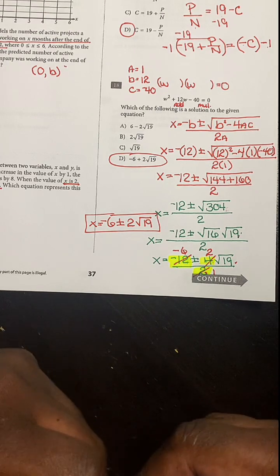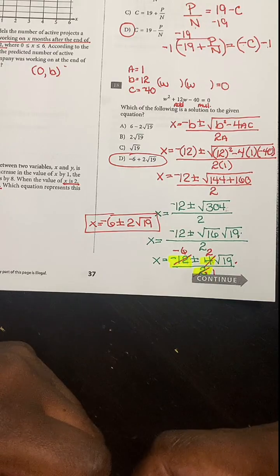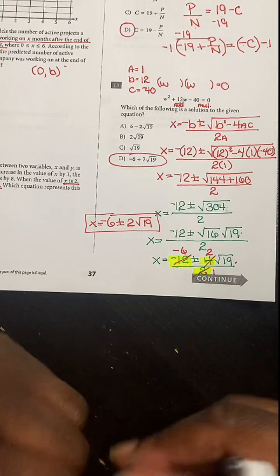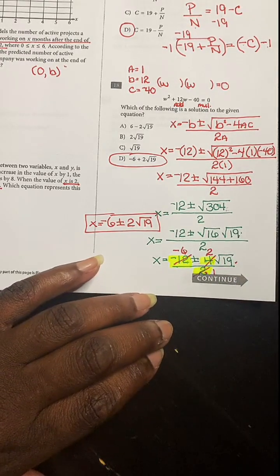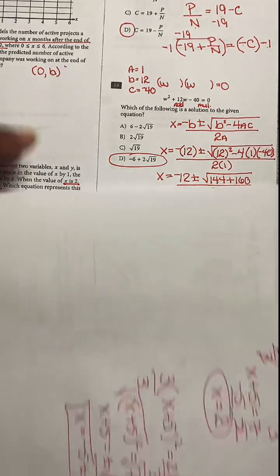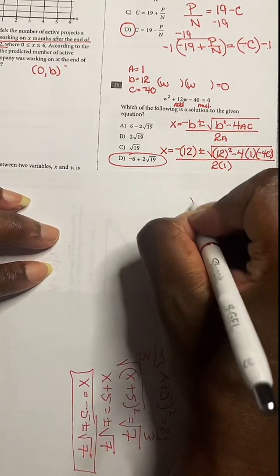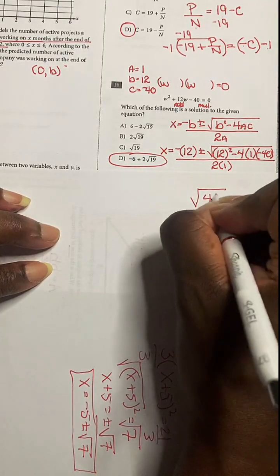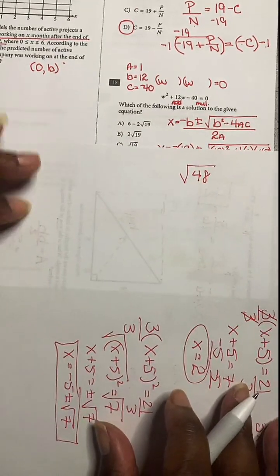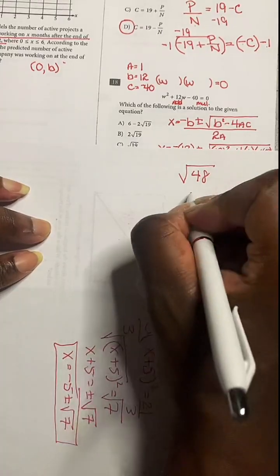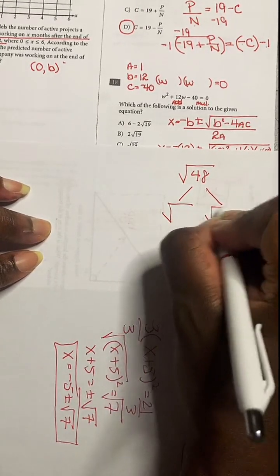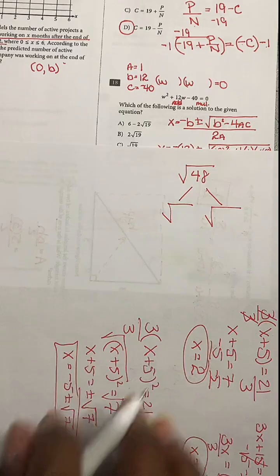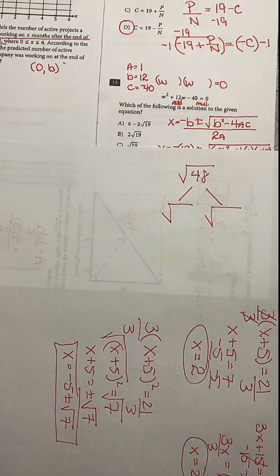Well, if you divide by 2, 2 is not a perfect square root. If you're trying to break down a radical, like if I want to break down the square root of 48, 48 is not a perfect square root. So that means I need to break down with a perfect prime combination.